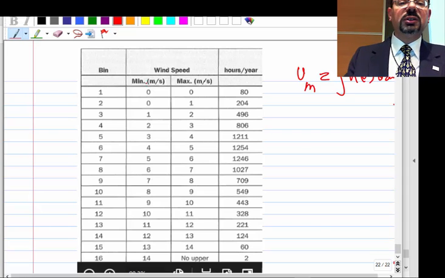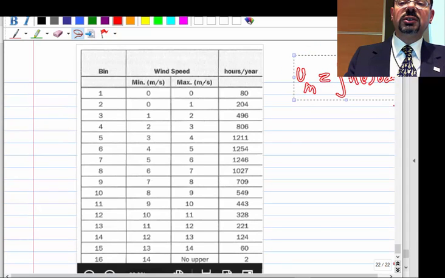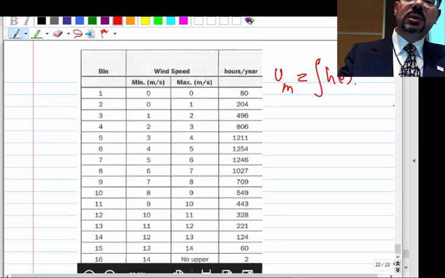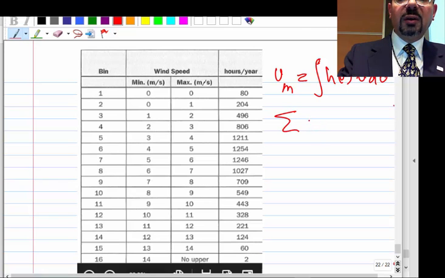So I don't have a function, so I'm not going to do integration. If you don't have a function but you have a table, you don't do integration, you do what? You do summation, right? You do summation of hV times V, right?